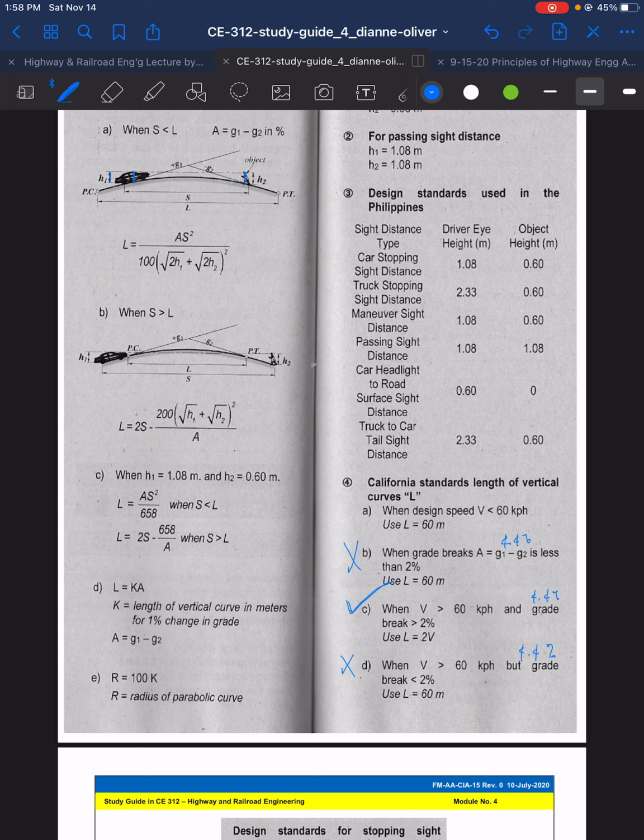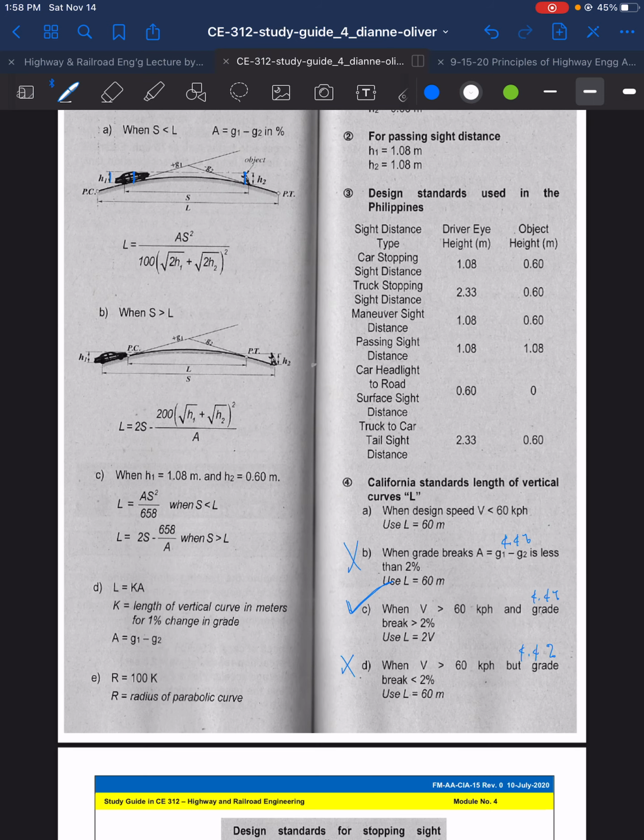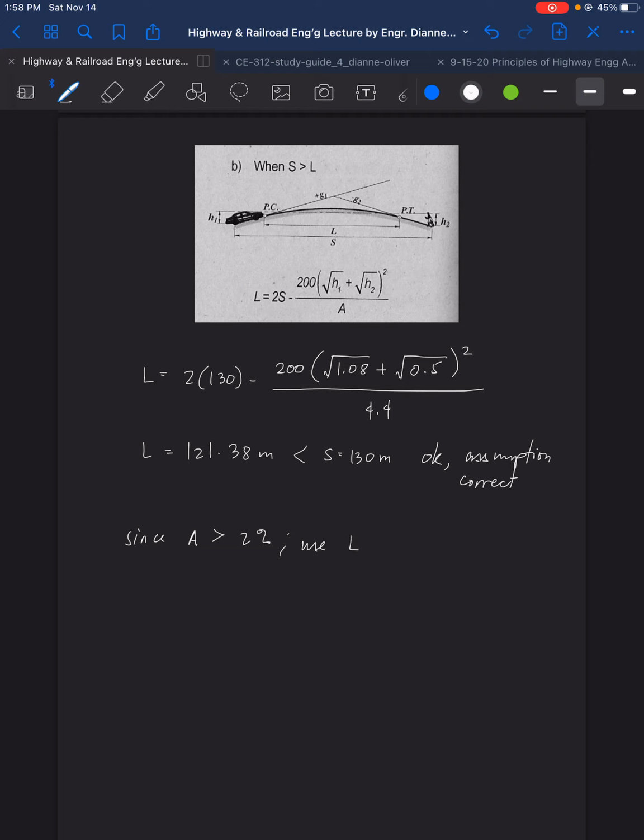Use L is equal to twice of V. So let's go to the problem. Since A is greater than 2%, use L is equal to 2V.